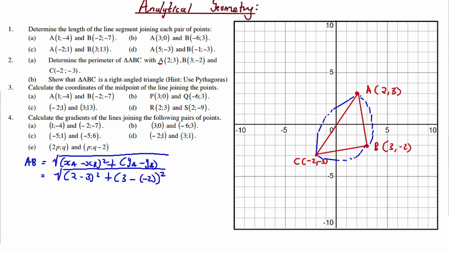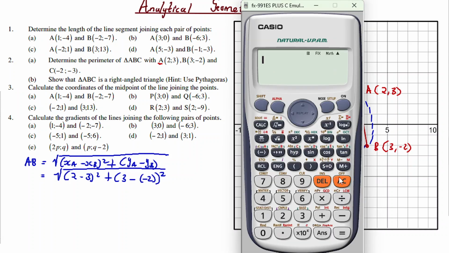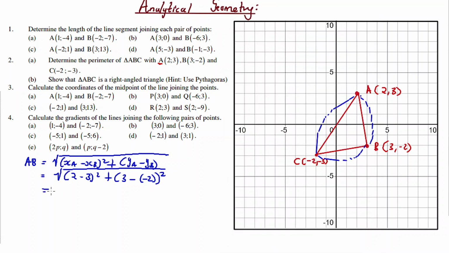Then we calculate: 2 minus 3 squared plus 3 minus negative 2 squared. I need to put the bracket here, squared. So the answer is square root of 26.